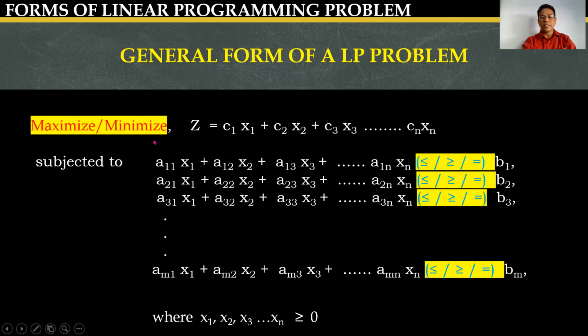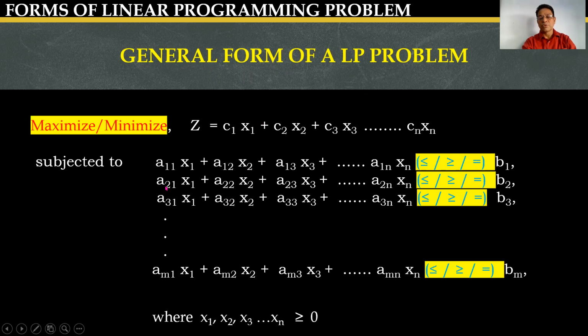So you can see in general, a LP problem in general form is represented like this. Maximize or minimize Z is equal to C1x1 plus C2x2 plus C3x3 and so on, where C1, C2, C3 are the coefficients of the decision variables in the objective function, and these are the constraints: A11 x1 plus A12 x2 and so on.